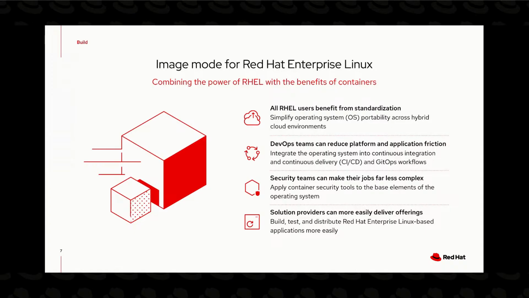But with image mode, you just boot to the old image and then you try again to do your updated image when you're ready, right? So maybe it goes back to testing or development and you work on it again, and then you deploy it again and boot into it and try it out and do your validation steps again. So it's more like updating your phone operating system and less like maintaining hundreds or thousands of packages individually.